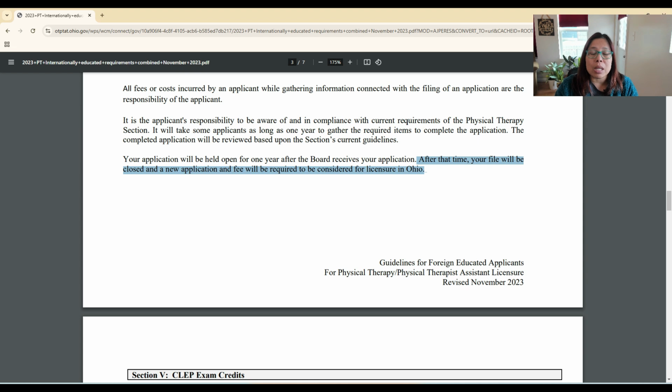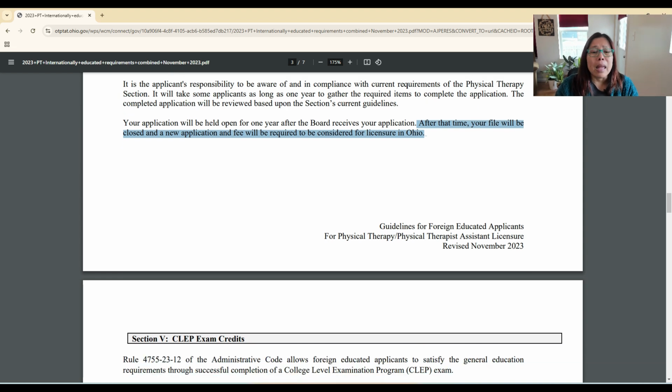Okay, so once they receive your application, that is day one, and you have 1 year to complete all the requirements. Your school will submit the documents to the state of Ohio. If you already took the NPTE, make sure you request FSBPT for a score transfer directly to Ohio.